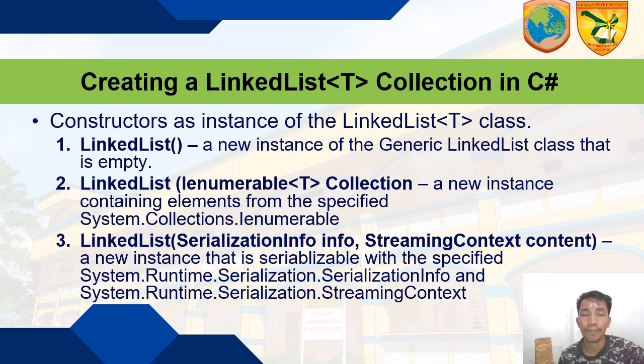So dito naman, the parameter info specifies a SerializationInfo object which contains the information required to serialize the generic linked list. The parameter context specifies a StreamingContext object containing the source and destination of the serialized stream associated with the generic linked list.